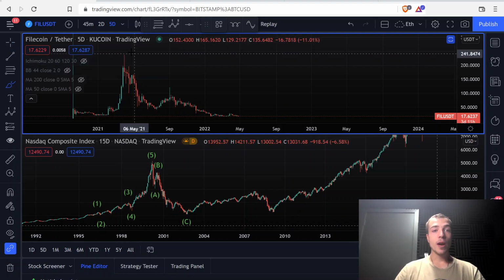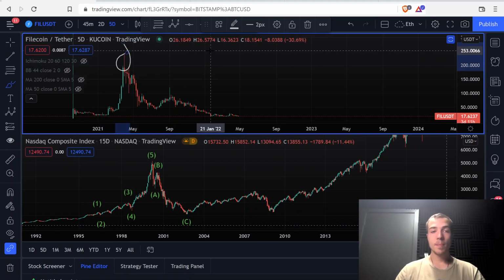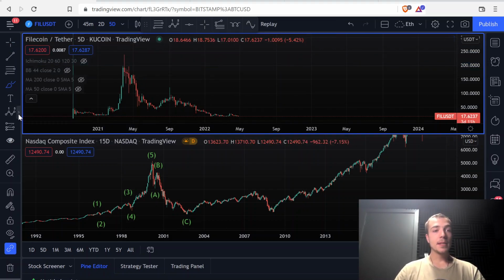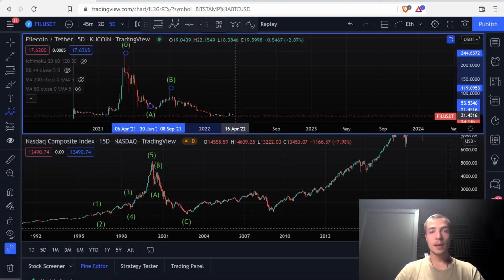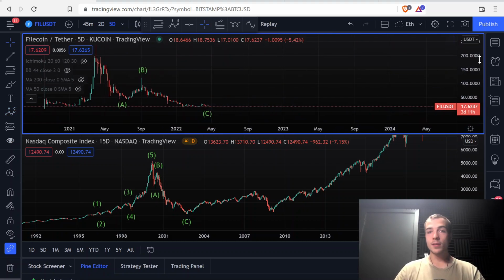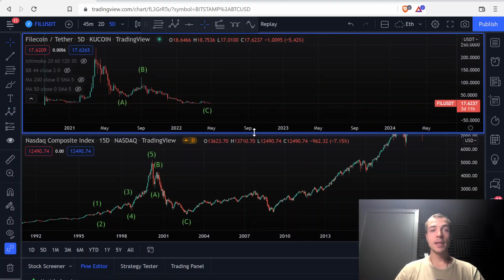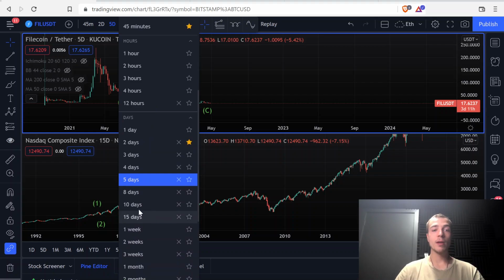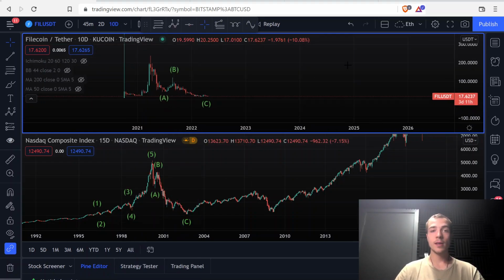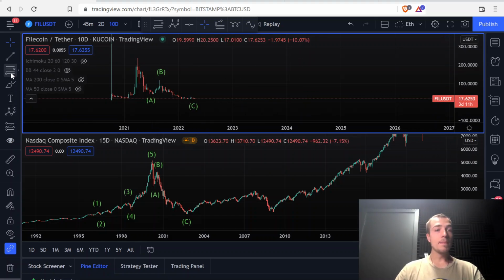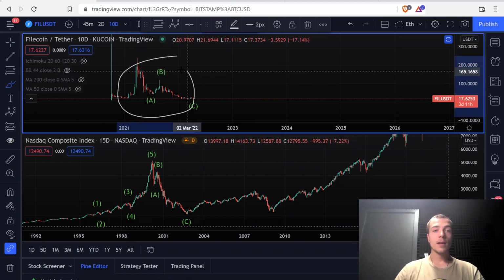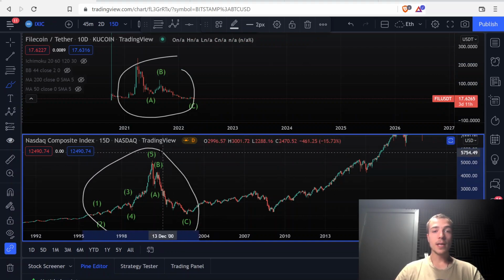So we have euphoria up here, and we have an ABC correction, A, B, and C. This one is slightly different, but it's still the same structure. You have to learn how to see the subtle differences as you go. And so this ABC is actually a repeat. This market cycle is a repeat of this market cycle here.